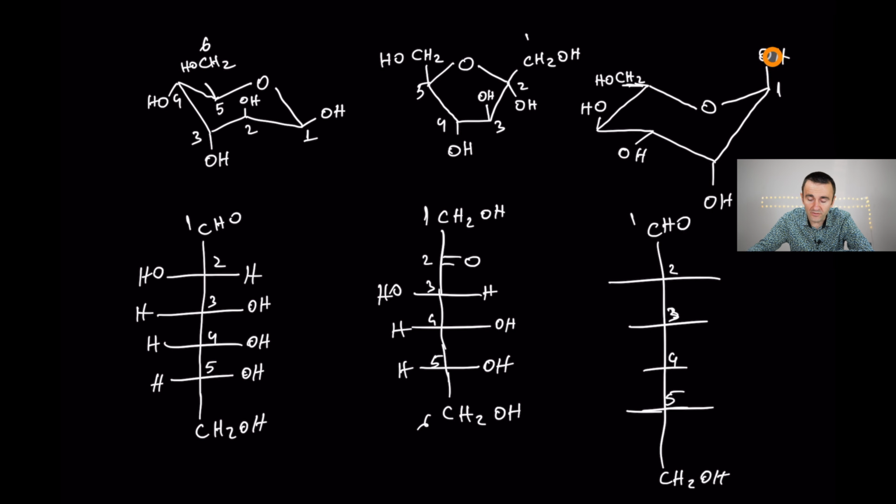Is this an alpha or beta? Keep in mind, this is down, which means that this sugar here has to be L sugar. This is up, this is up, and this is up. What does this mean? This means that this is an alpha sugar.